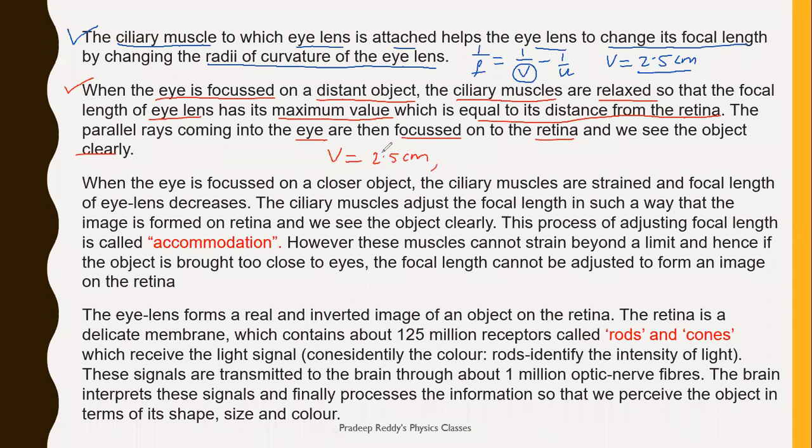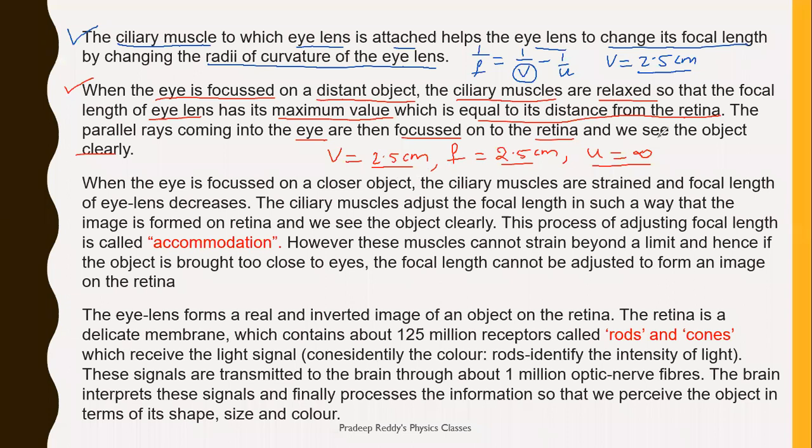If V is equal to 2.5 centimeter and the focal length of the eye lens is equal to 2.5 centimeter, then where is the object placed? The object should be at infinity. So when the object is positioned at infinity, the image is formed at the focus, and this focal length of 2.5 centimeter is equal to the length of the retina from the eye lens.